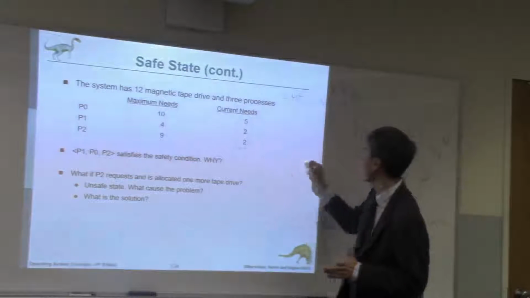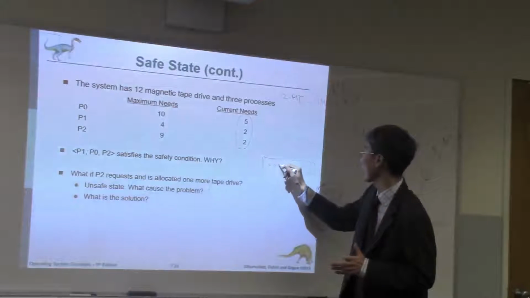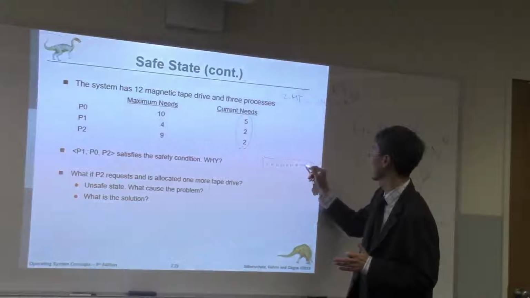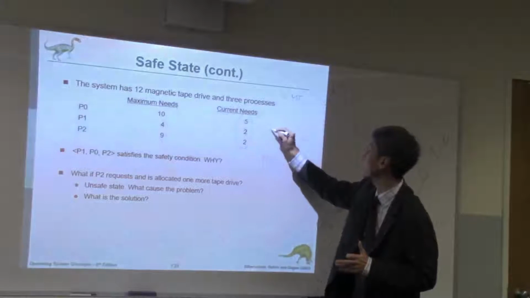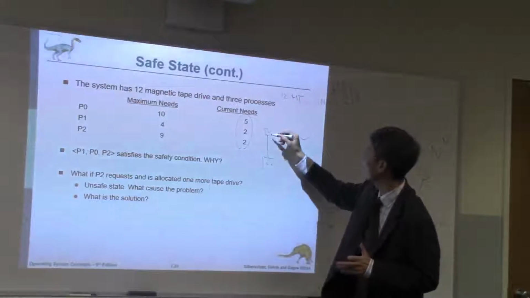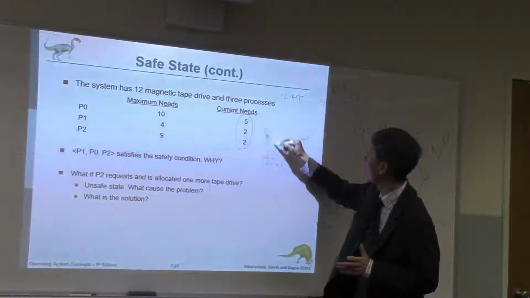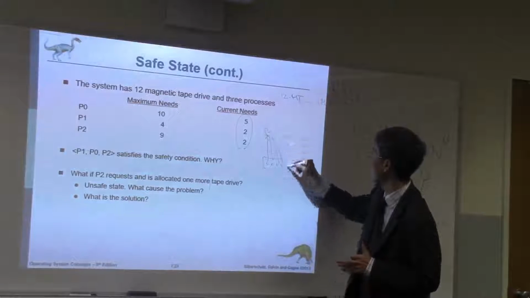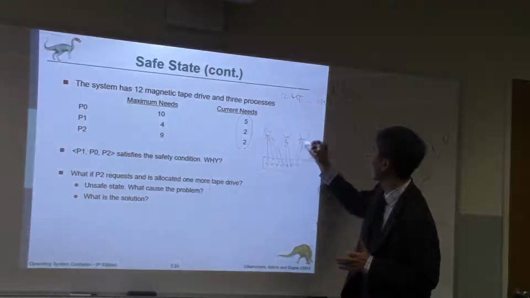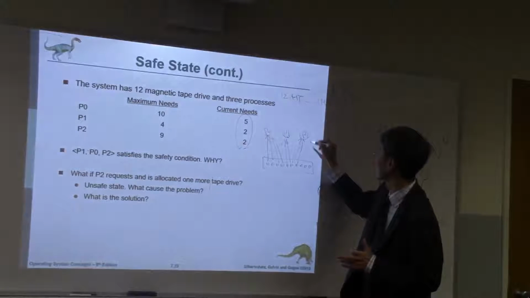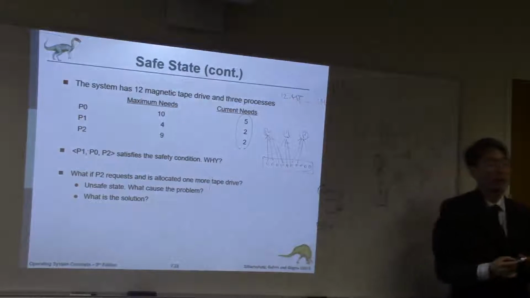If we use the resource allocation graph, there are 12 instances, and we have 3 processes. P0 is holding 5, something like that. And P1, 2. So 3 of them are available.